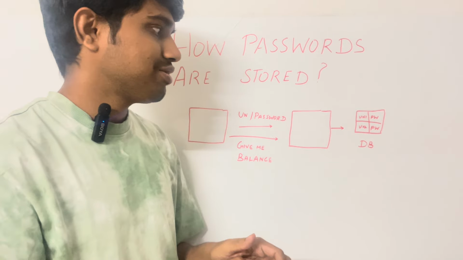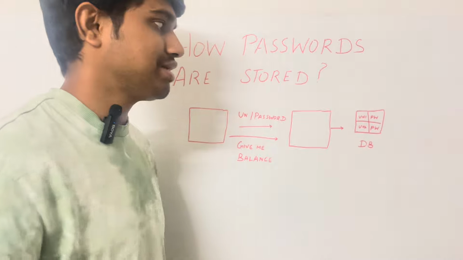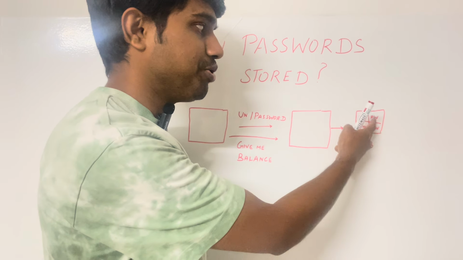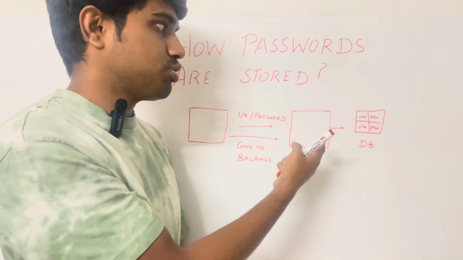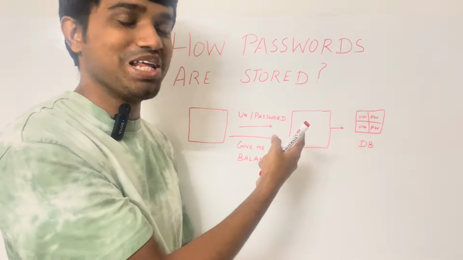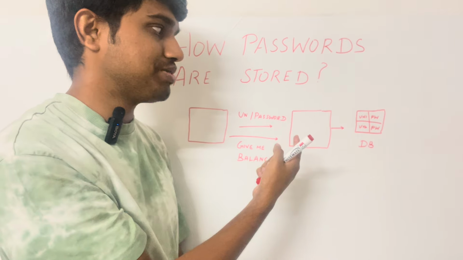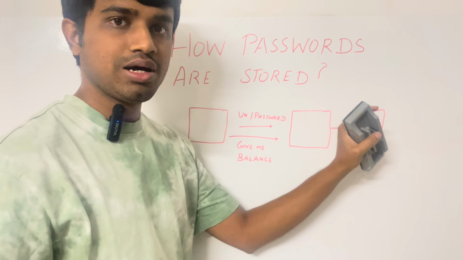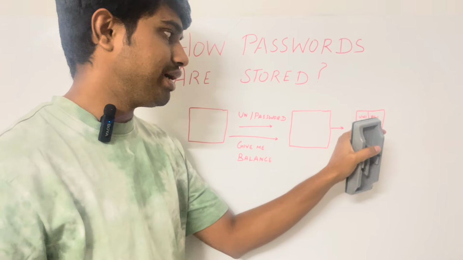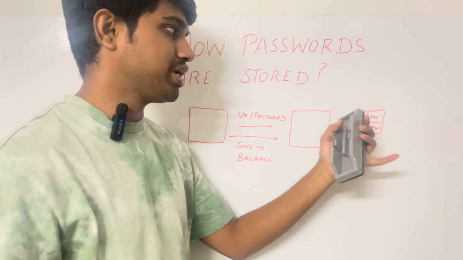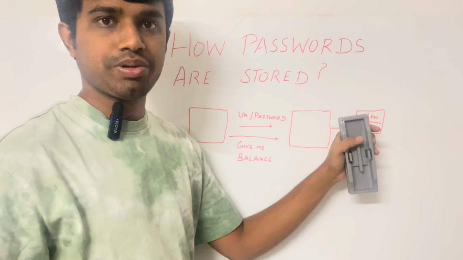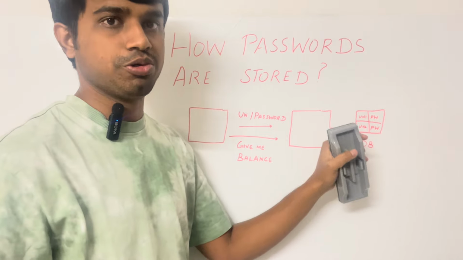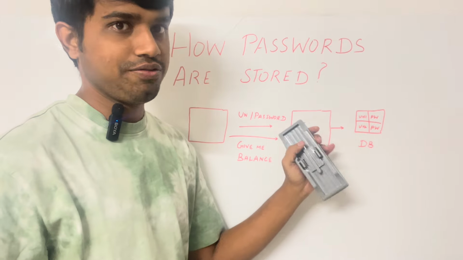Why am I saying that? If someone attacks this database, they will be able to get your password. Also, there is a high chance that we reuse the password across multiple websites. So once someone knows your password and username or email, they can go and hit almost all the websites: Facebook, Instagram, Amazon Prime Video, Amazon, everything, to see if it logs in.